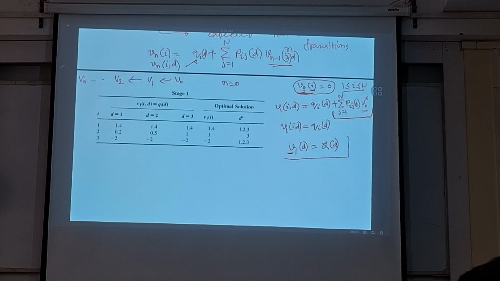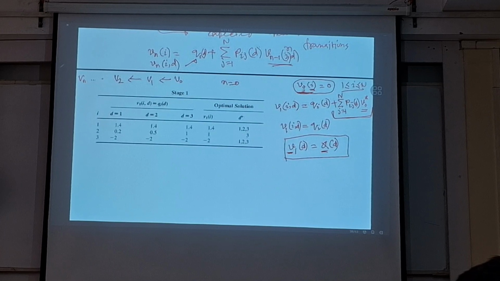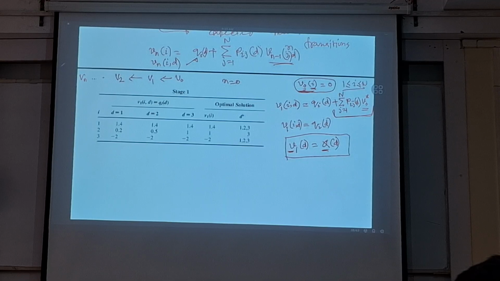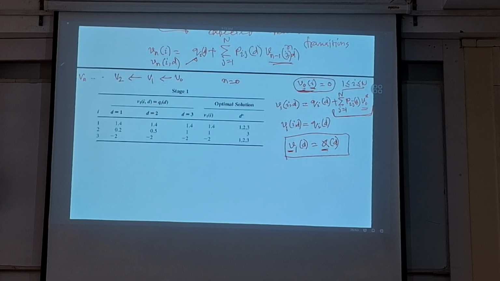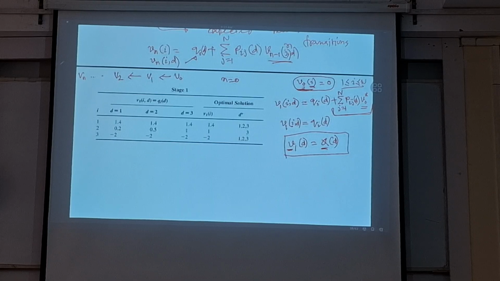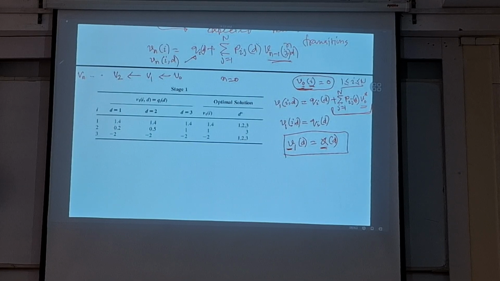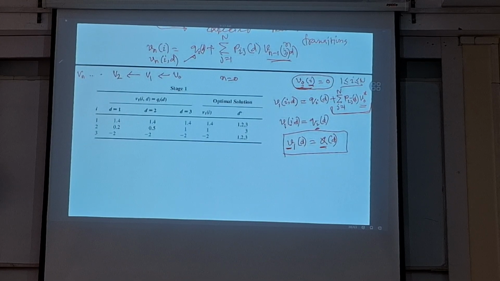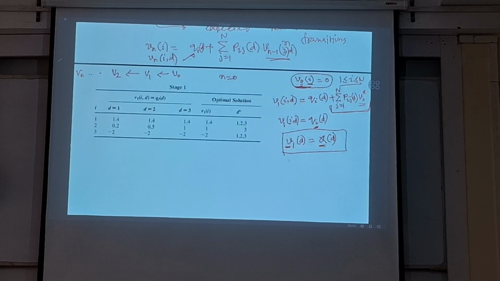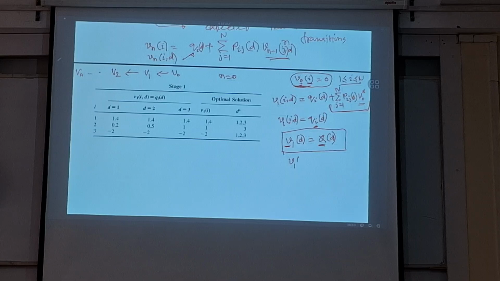This is important. In vector form, V1 for each step will have one value. So we will consider the vector V1 and Q for each step. Now, when d equals 1, what will be V1?